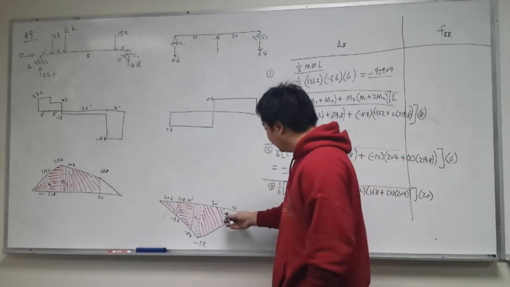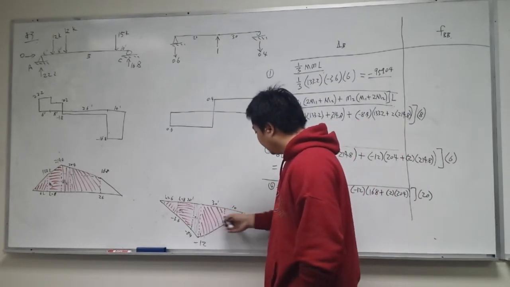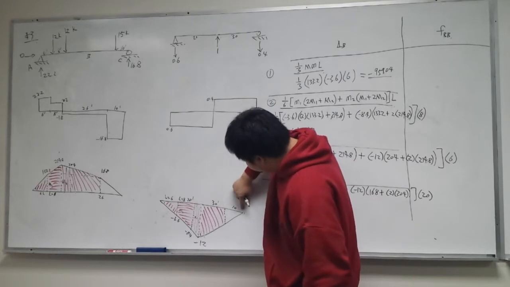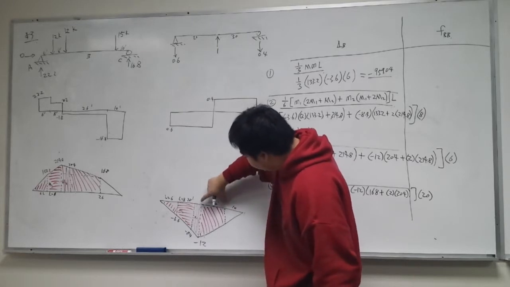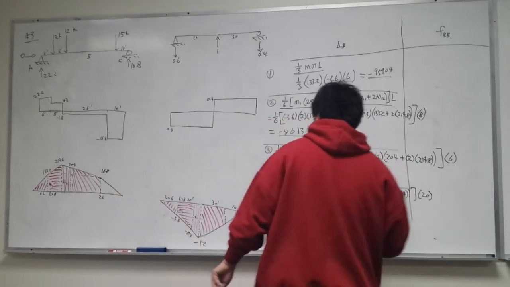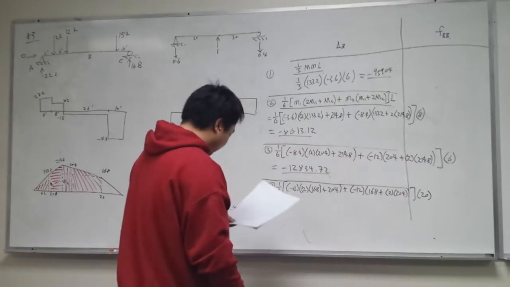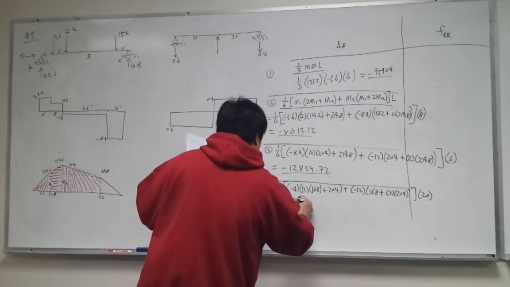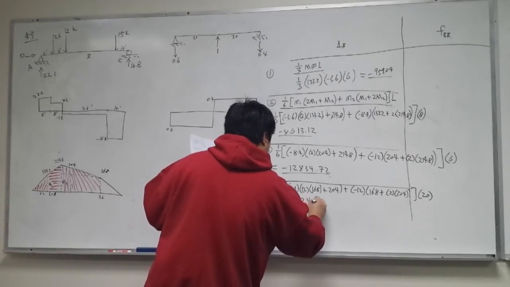The length this time is here to here, which is 20. 80 is here to here, so 80 minus 10... is equal to 20. Same thing here, 20. So you're going to have negative 30240.